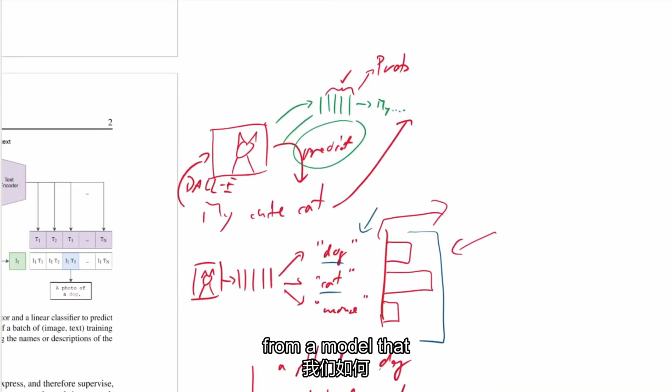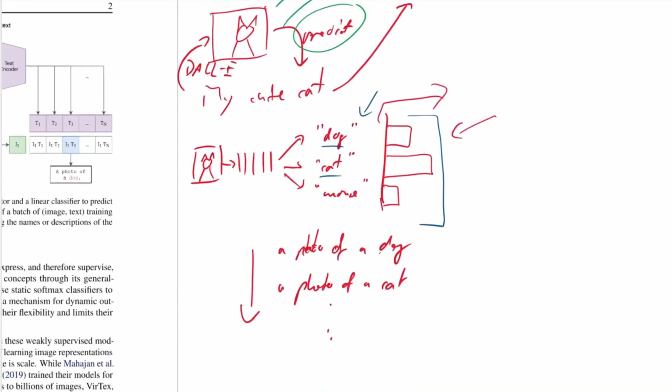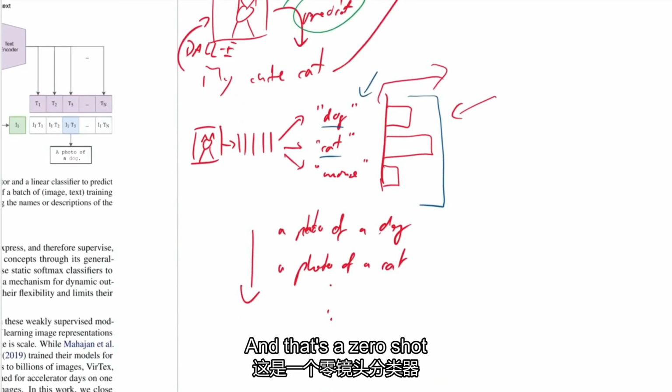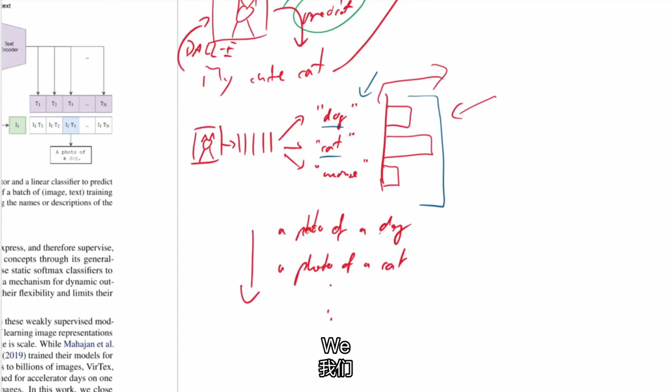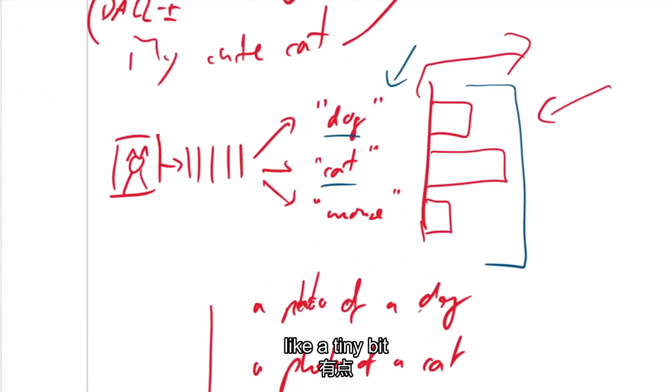So this is how we go from a model that can predict text to a classifier, and that's a zero-shot classifier. We don't need to train this classifier on the actual task. We simply need to restrict its possible outputs to the classes at hand. It's a tiny bit like in Q learning, where in each step you ask your model, well, what if I do action 1?